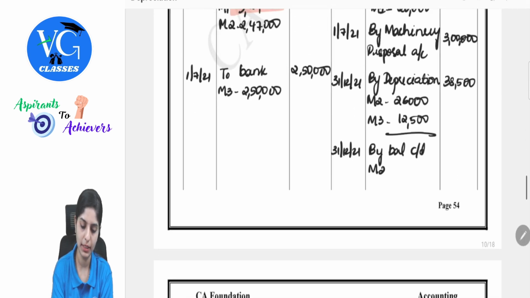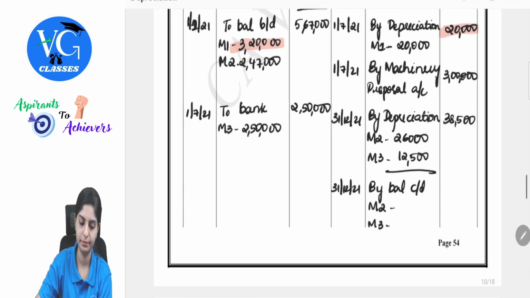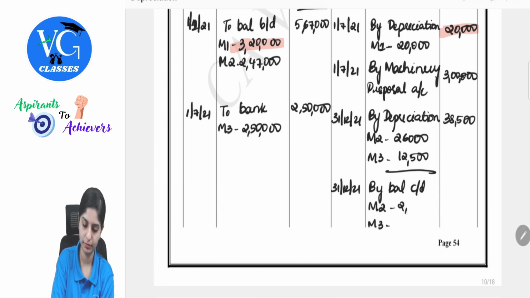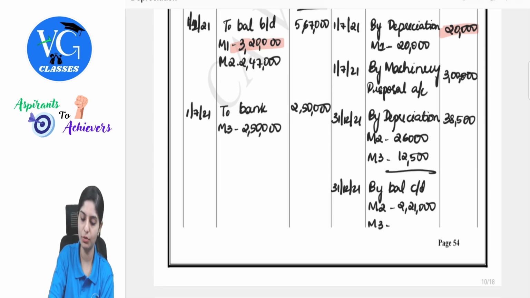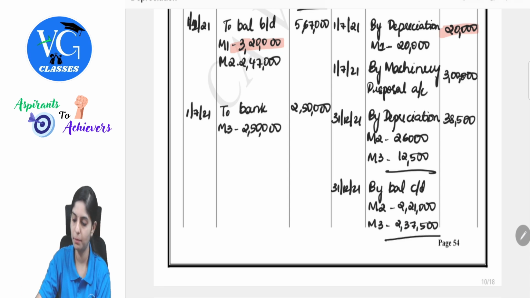Machinery 1 is completely gone. Machinery 2 and machinery 3. 2 lakh 50 minus 12,500, that is 237,500.